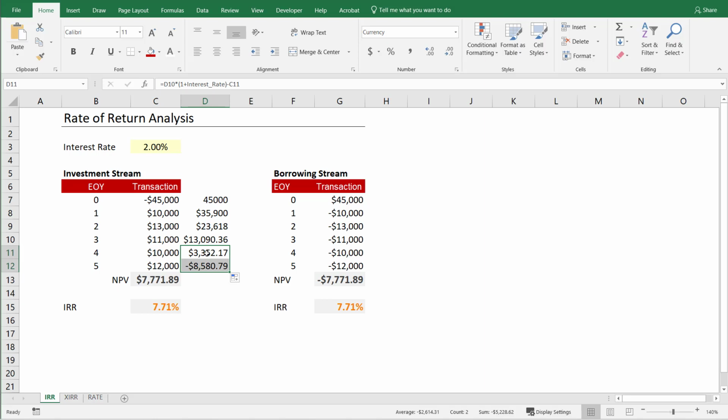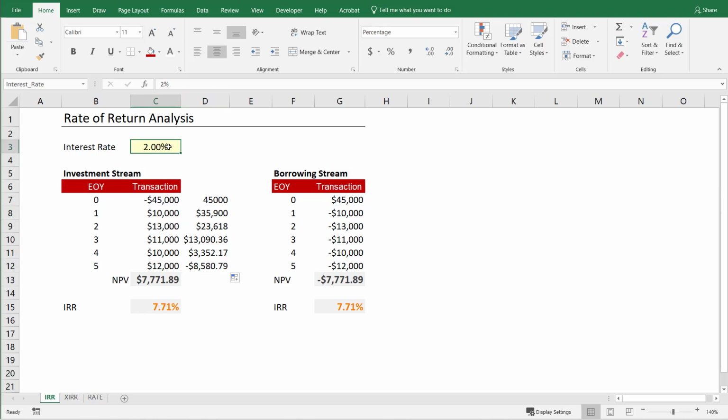And so what this is saying is that if I have $45,000 to invest in this project, and the interest rate that I can get is 2%, I should do the project because I cannot match these cash flows.